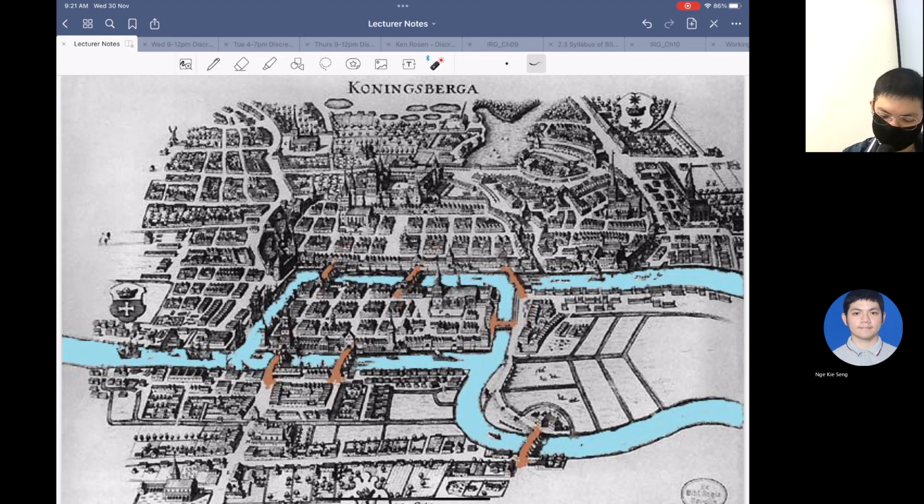They asked whether there's a circuit that can pass through every bridge exactly once. You can try and think whether you have a circuit that passes through these bridges exactly once. You can try and draw. No. Why? How do you know?